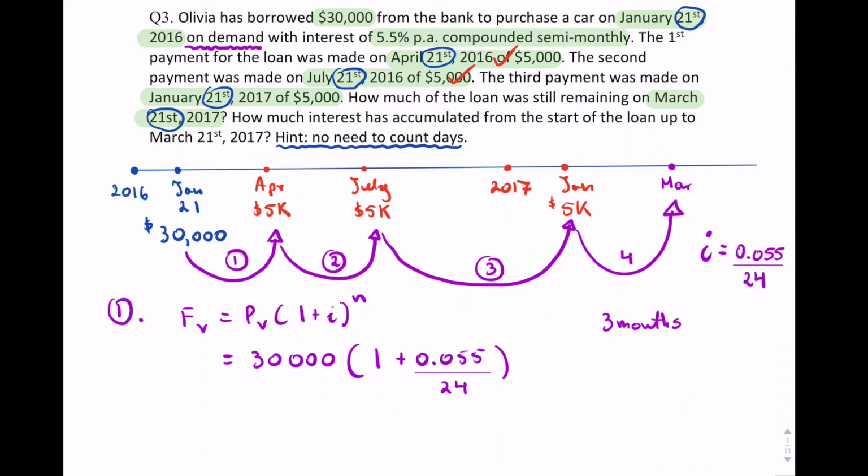But notice it's semi-monthly, so it's twice per month. So n is going to be equal to 3 times 2 per month, which is 6. Now we can find out what that would grow to. You can punch it into your calculator.